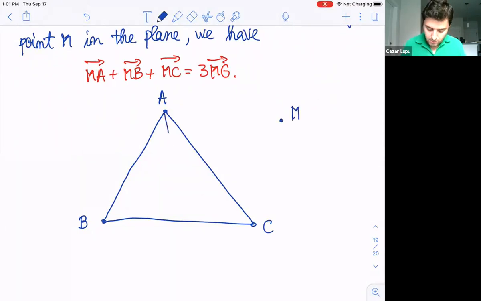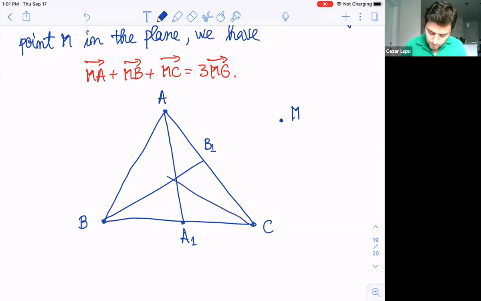And let me draw the medians. This will be AA1. Let's say this is BB1. And this is CC1. And they will meet at this point G. Right? This is the centroid or the center of mass.